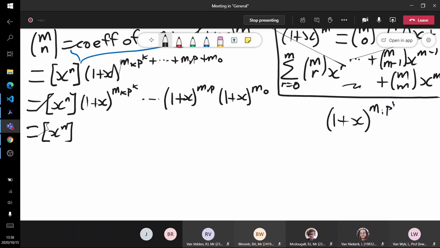That's the same as taking 1 plus x to the p to the i, and taking that whole thing to the power of m_i. So we're going to use the previous lemma, where this inside can just be replaced with 1 plus x to the p to the i.